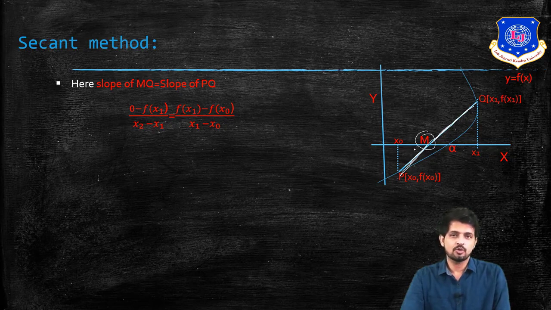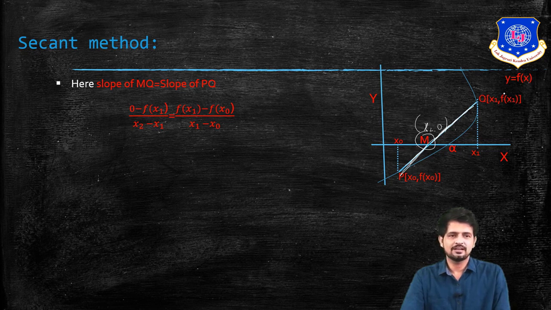Now what is the formula to find the slope? Slope can be found by difference in y coordinates upon difference in x coordinates. If we consider the y coordinates of points M and Q, the point is x2, 0.